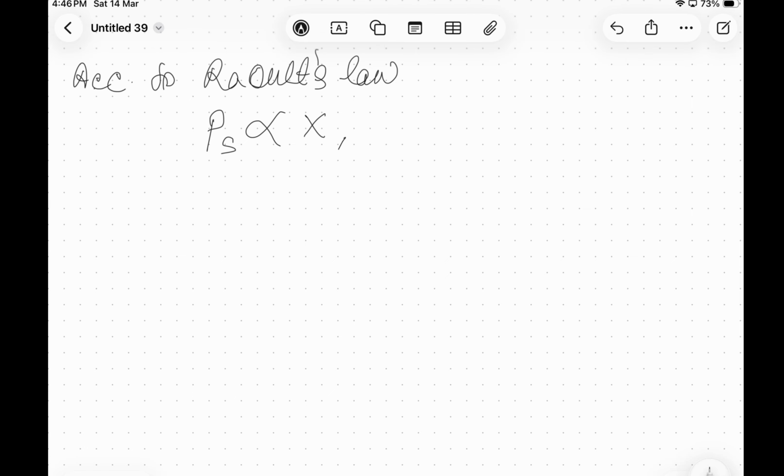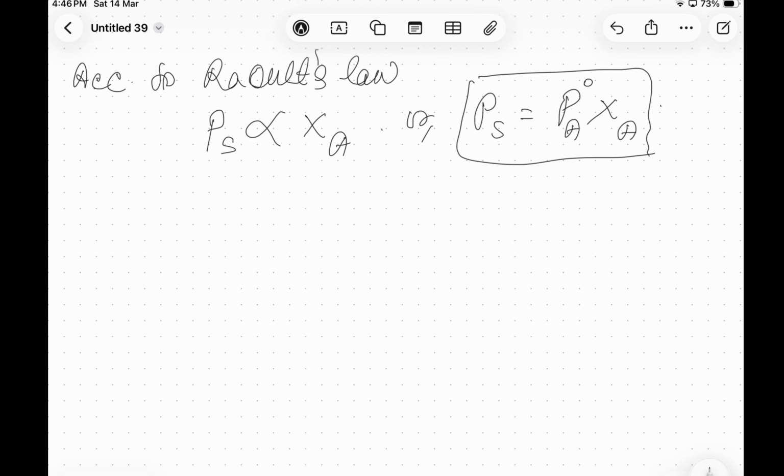Now, according to Raoult's law, PS is directly proportional to XA, or PS is equal to PA naught into XA. This is the formula on the basis of Raoult's law.